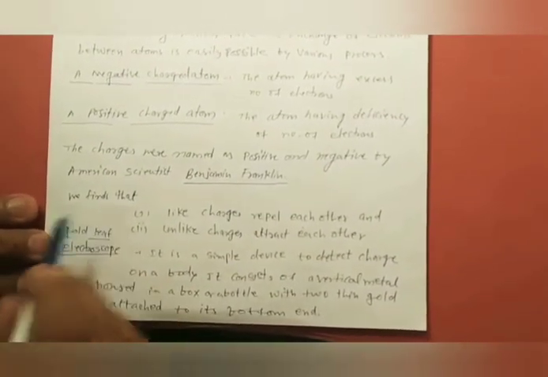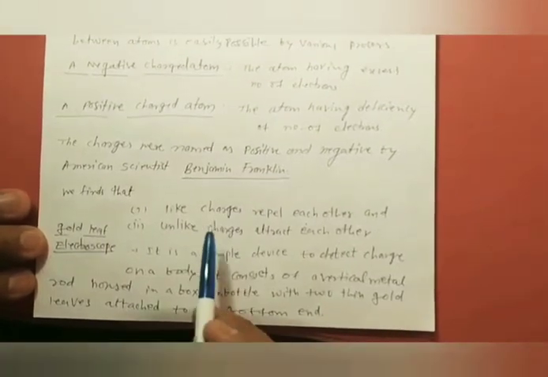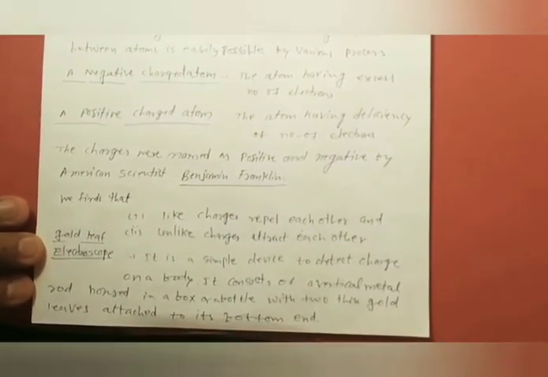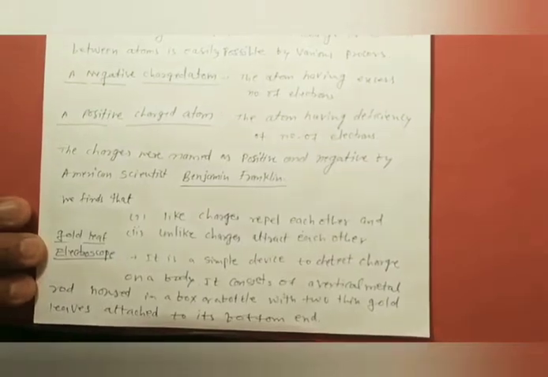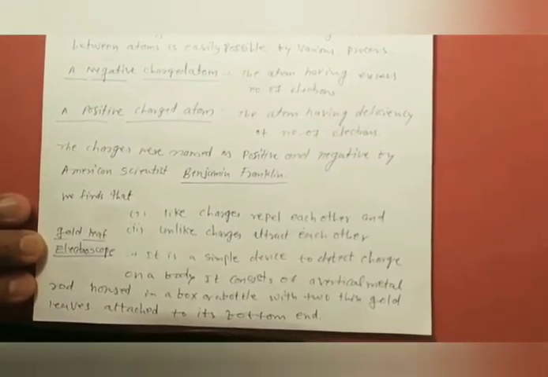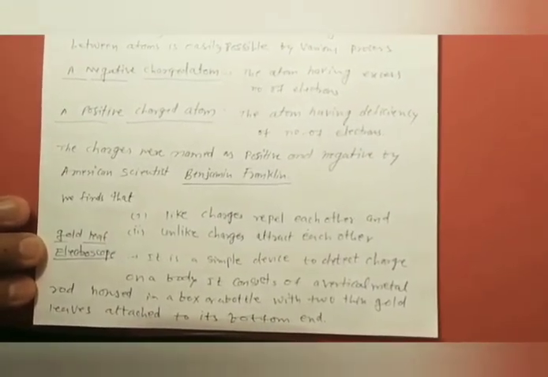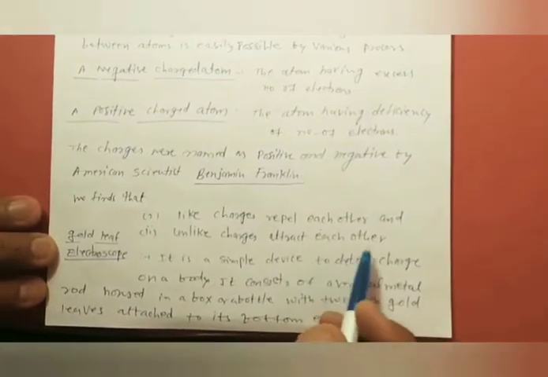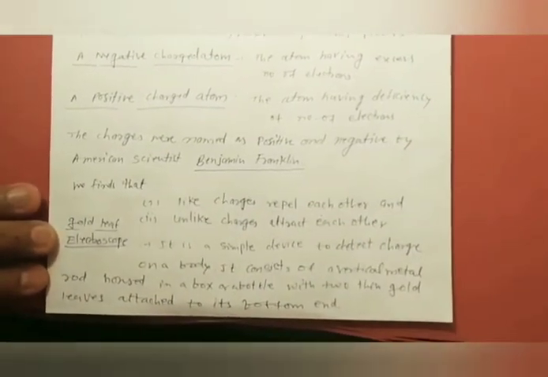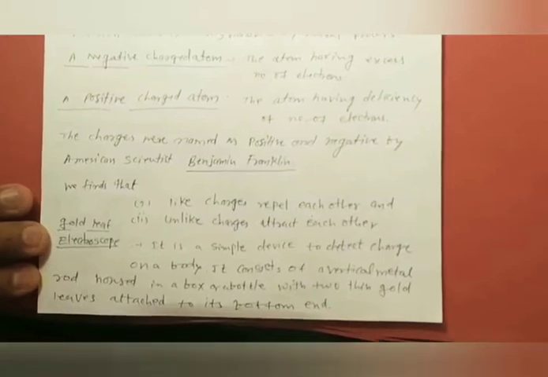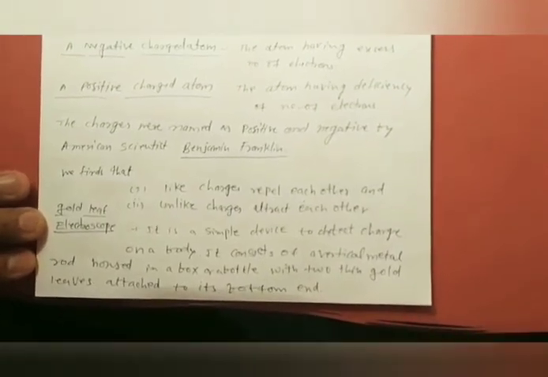We find that like charges repel each other, means plus plus or minus minus repel each other, and unlike charges attract each other, plus minus or minus plus attract each other.